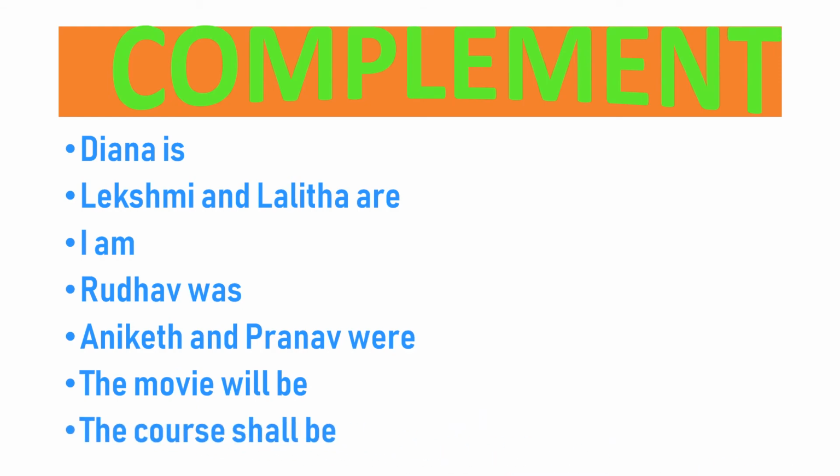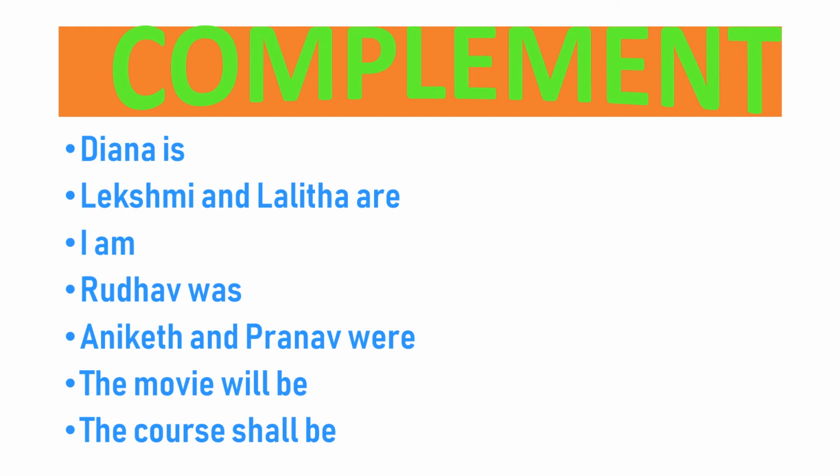The course shall be. Do you feel any meaning in any of these sentences? Can we call them sentences? Is there a completion for any of these groups of words? No. So we cannot find a completion in any of these groups of words.